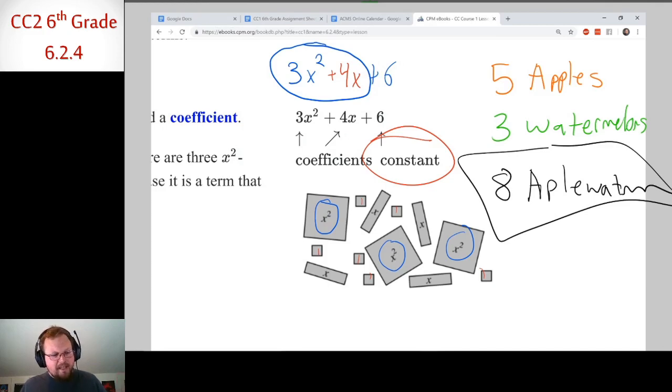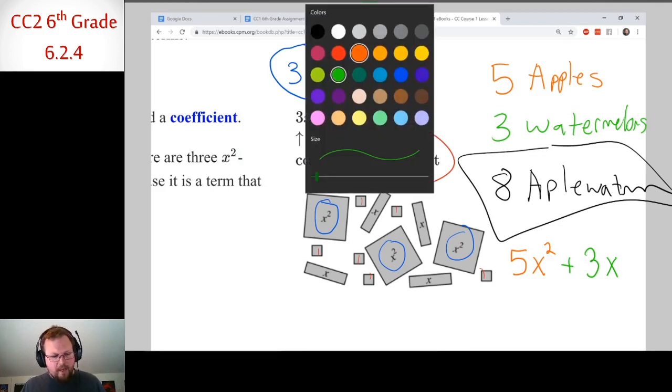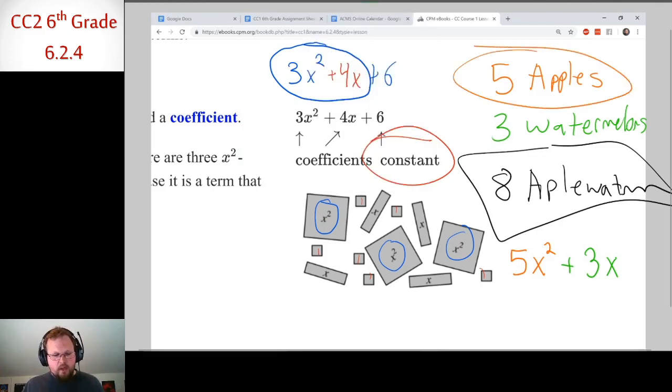It's the exact same concept when you are dealing with like terms. If I gave you 5 x squared tiles and then I also gave you 3 x tiles, using this same concept, 5 apples are very different than 3 watermelons.